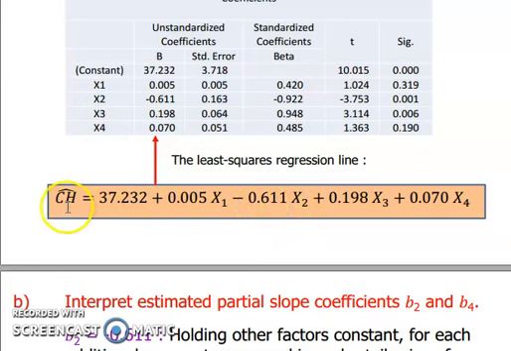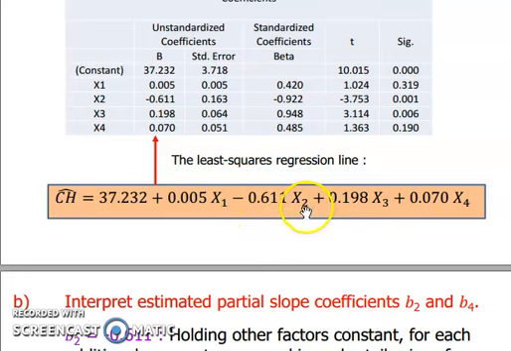So you need to know what is y and what is x. So basically, how do you get minus 0.611? If you differentiate ch hat with respect to x2, you get minus 0.611. So what does this mean?